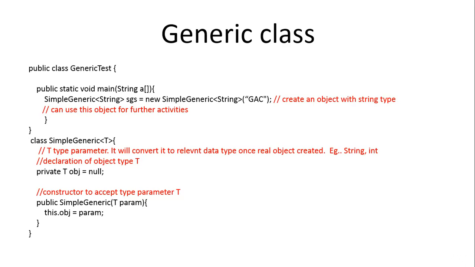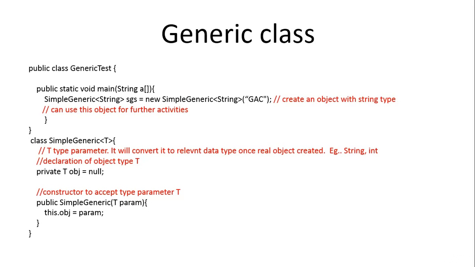So let's see how we can do it. We can go to the public class GenericTest, and inside the main method we have a SimpleGeneric object created, and it is type-safe to String. So you can see SimpleGeneric<String> sgs. You can see the syntax in this line.